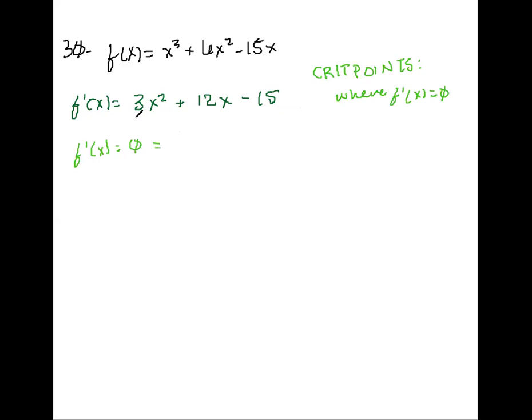So I'm going to say that f prime of x is equal to 0. And then I'm going to factor out this 3 because I want to make my life just a little bit easier. So this is going to be x squared plus 4x minus 5. So this is 0 is equal to 3 times, what do you think would be a good way to factor this? Quadratics.